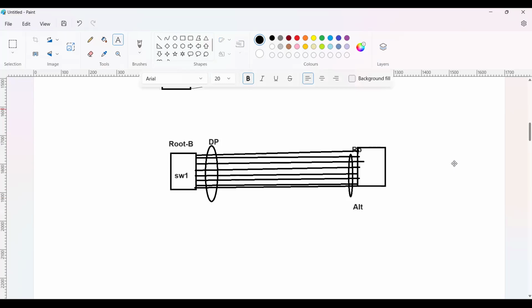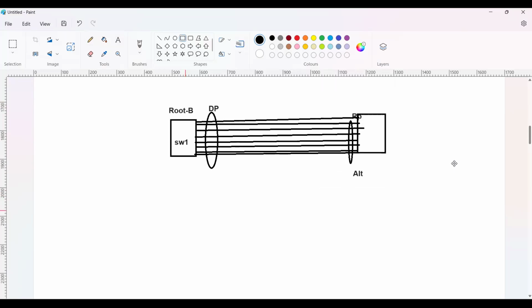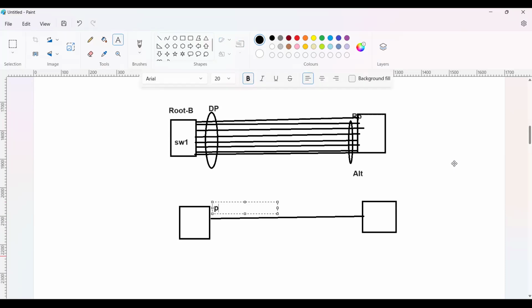I don't want it like that. That is the physical topology, but in the logical topology, it is a port channel, PO. We will create a group number, like port channel 1. This is the logical topology, and this one is the physical topology.